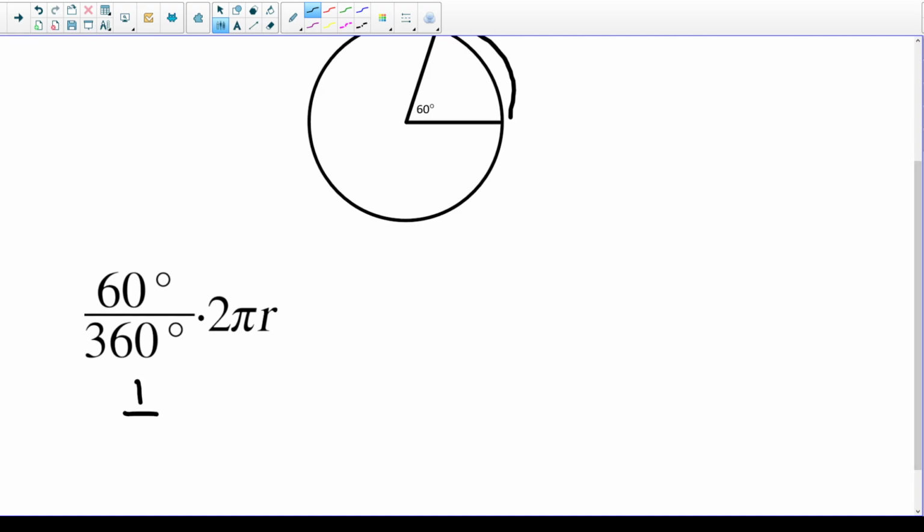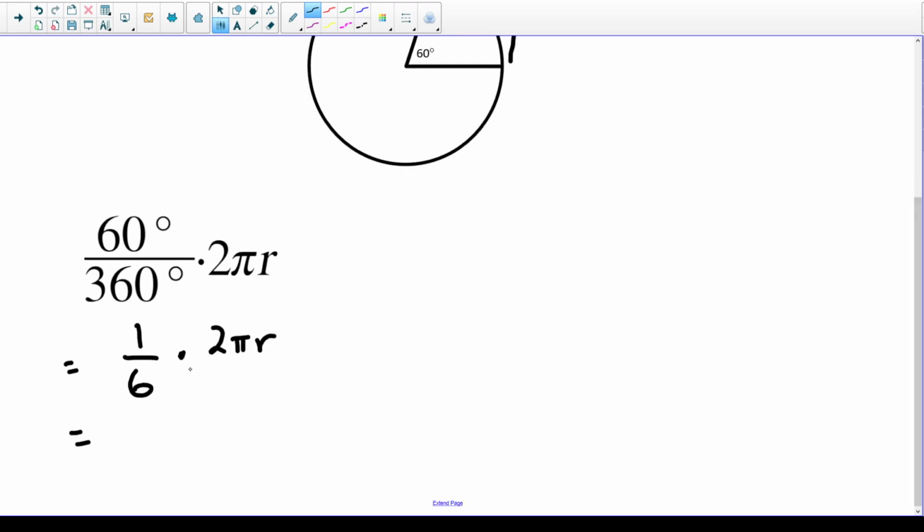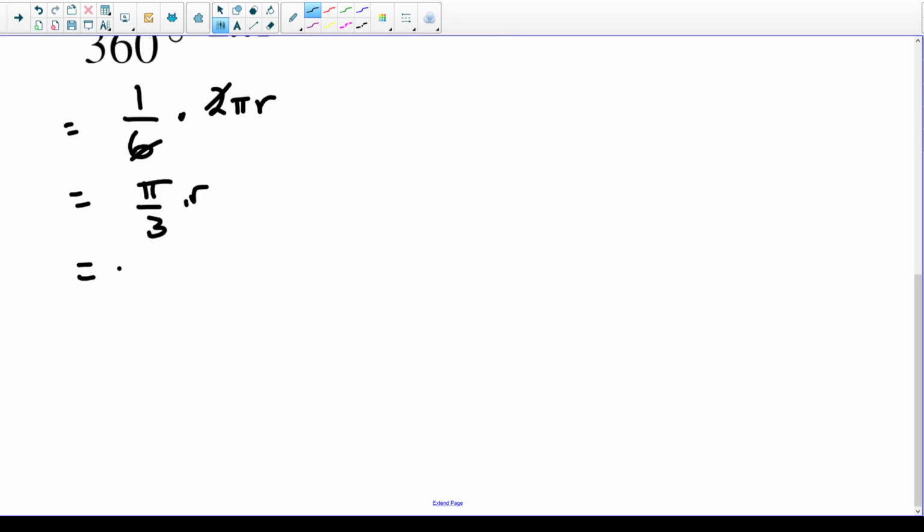That is 1/6 times 2 pi r. And that is equal to, if we simplify it, pi over 3 times r, which I'm actually going to write as r times pi over 3. Okay, you'll see why in a minute.